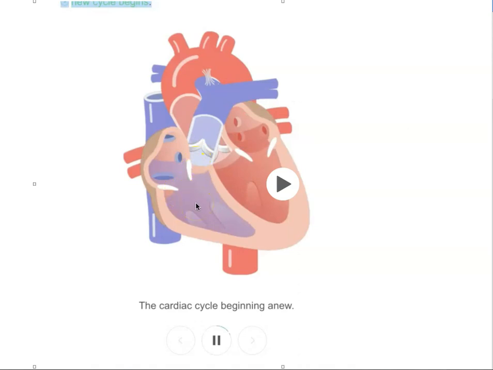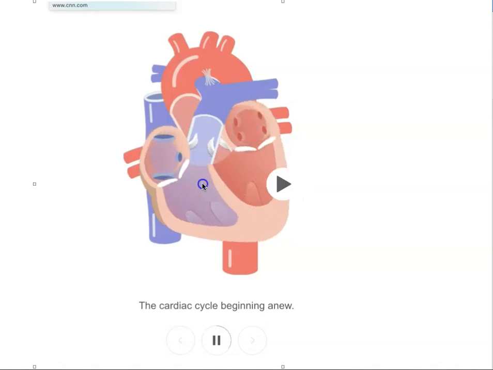During systole, the AV valves are closed, the ventricles are contracting, and the semilunar valves are open. So in systole, the blood is being pumped out of the ventricles and to the arteries, the pulmonary artery or the aorta.